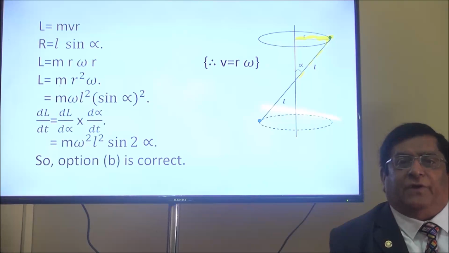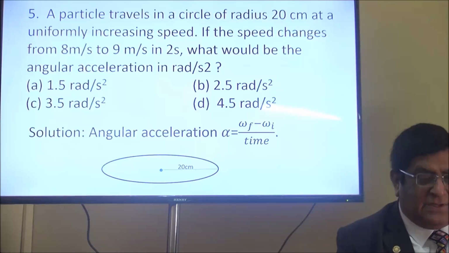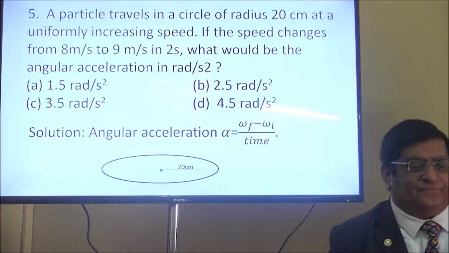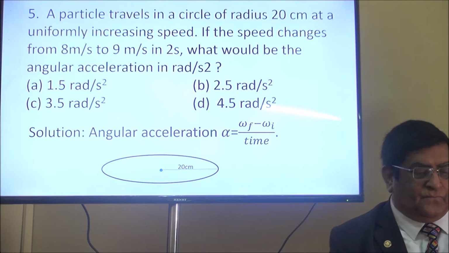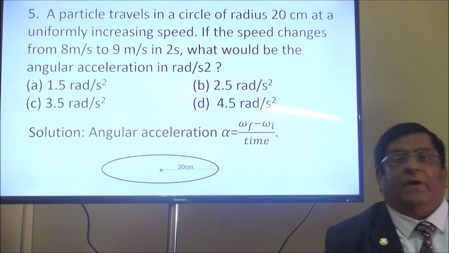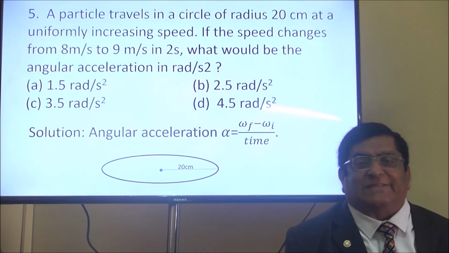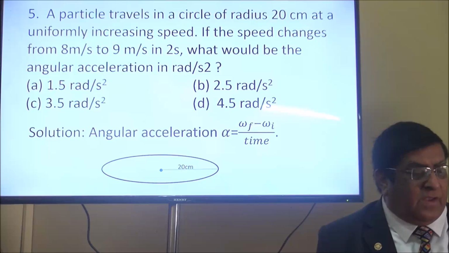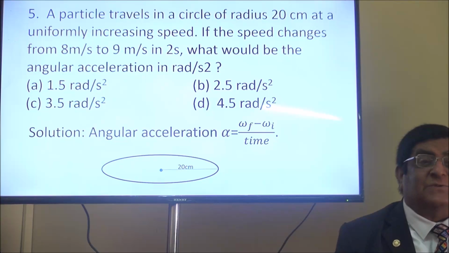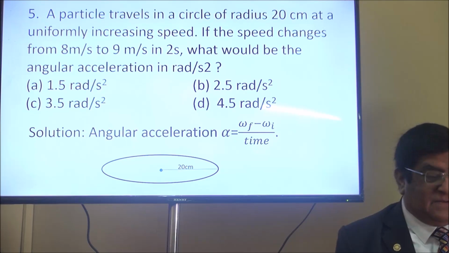So now we go to the next question. A particle travels in a circle of radius 20 centimeter at a uniform increasing speed. Speed is increasing, right?